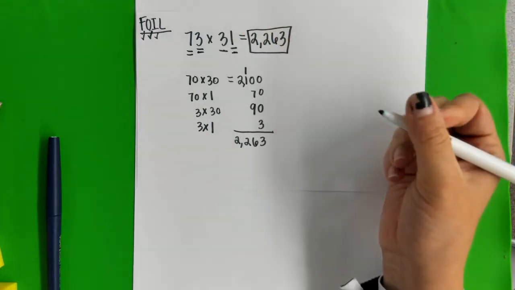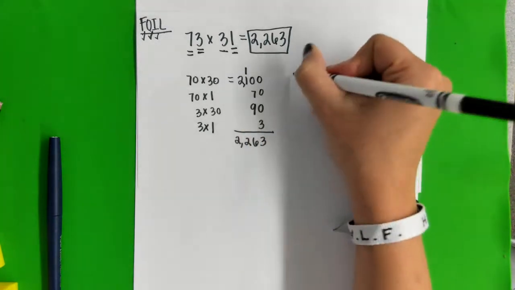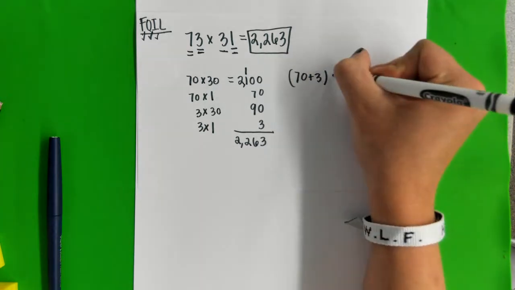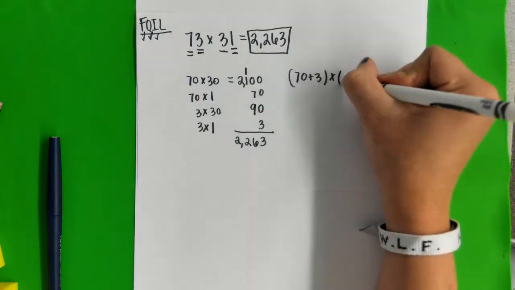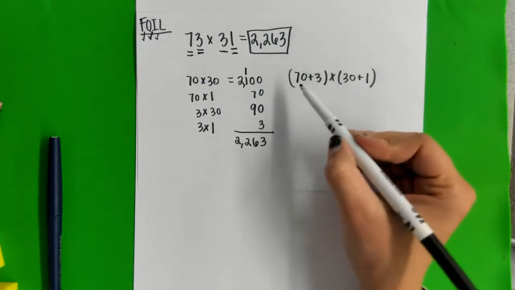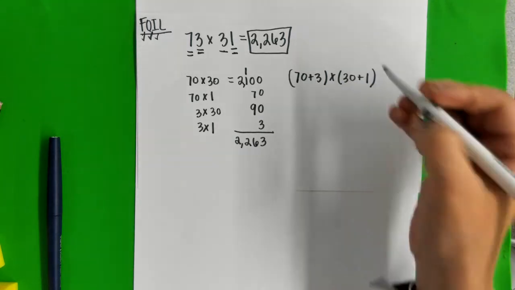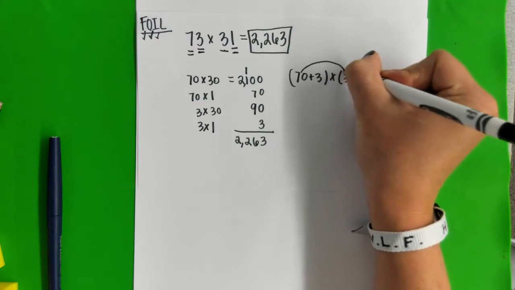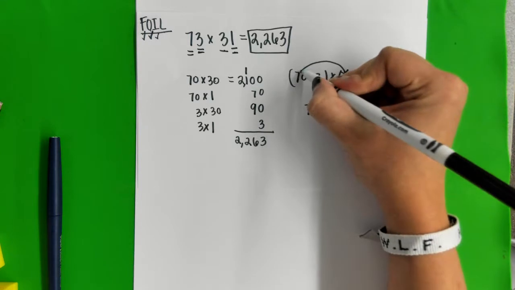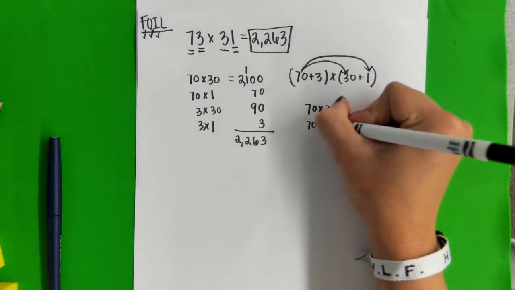When I do my FOIL method, I also showed the students last week that if we broke it up into expanded form, like we had 70 plus 3 times 31 would be broken up into 30 plus 1. I have to make sure that all of my numbers in my first set of parentheses get multiplied by my numbers in my second set of parentheses. So I can do 70 times 30 and 70 times 1.